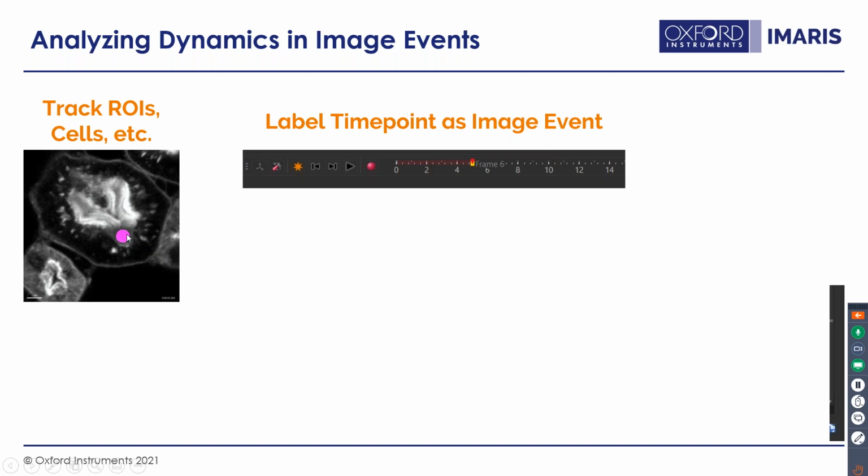I created an ROI for this region and tracked that through time. And then I said, oh, I know that the bleaching happened at frame 6. So I can use this new star icon to add an image event. This means that an event is happening to everything in the image. It's not specific to a track.